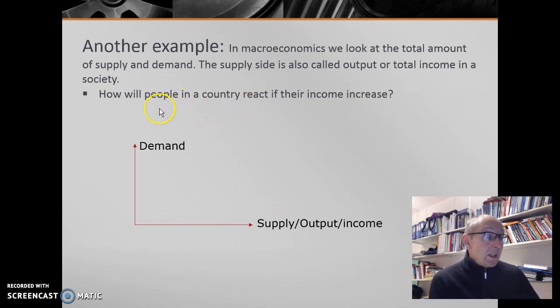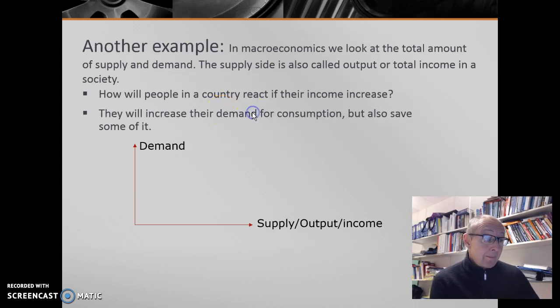A question here would be, how will people in a country react if their income increases? Answer, they will increase their demand for consumption, but also save some of it. This is a typical assumption we use. So both more consumption, but also more savings.